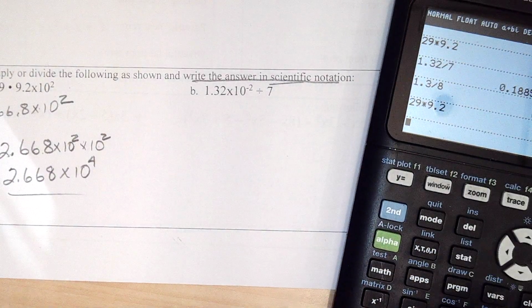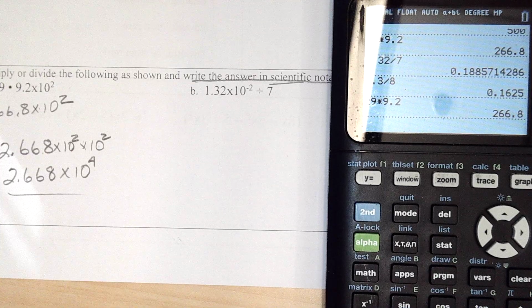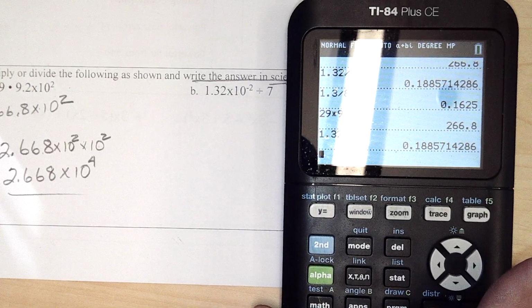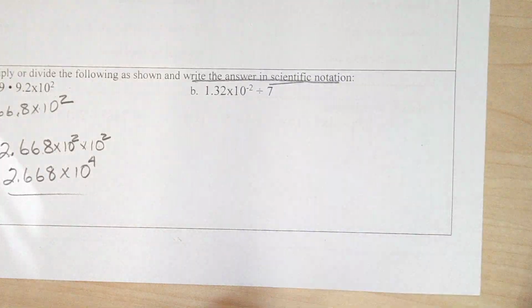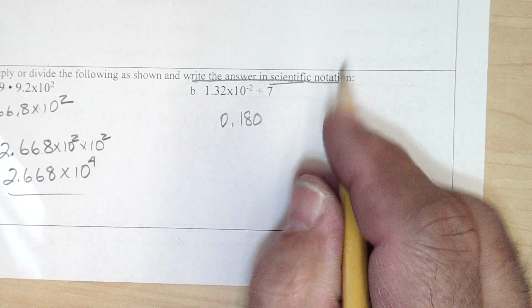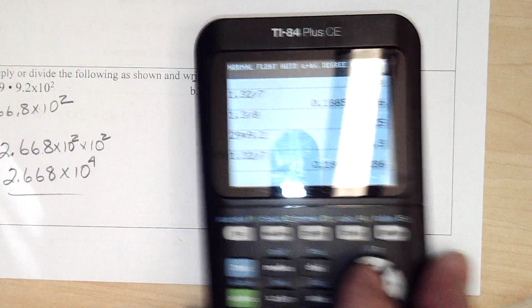So here, we're going to do 1.32 divided by 7, and that's 0.18857, roughly 0.1886, rounded off.